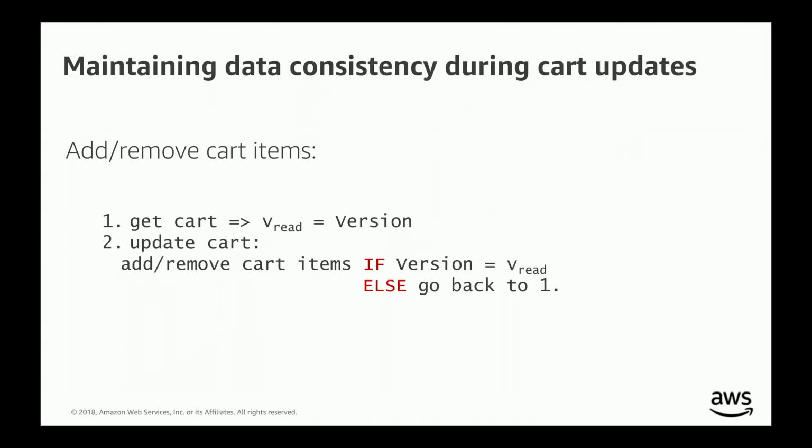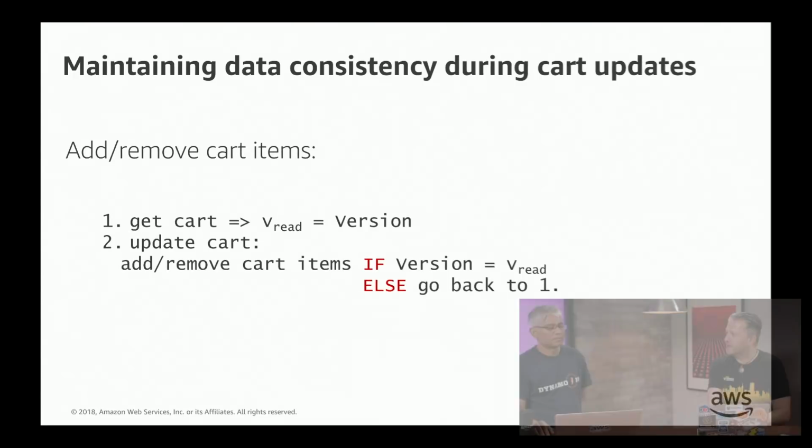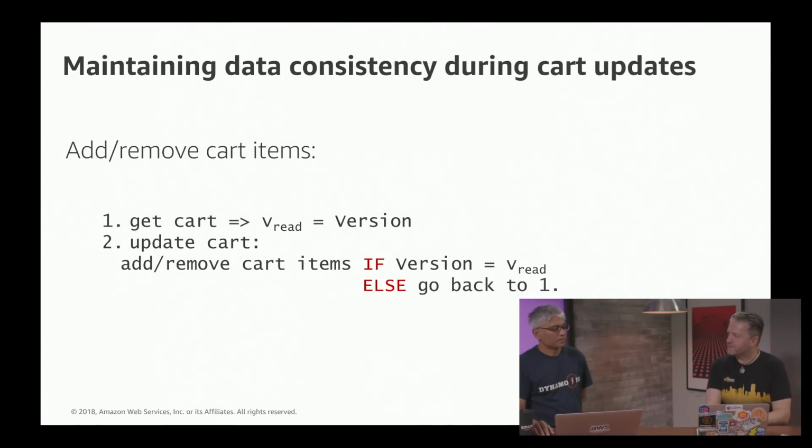And that's how we know that nothing else has changed the state of the cart in between, right? If that condition fails, it means there has been an update and we need to reread and start over, right?